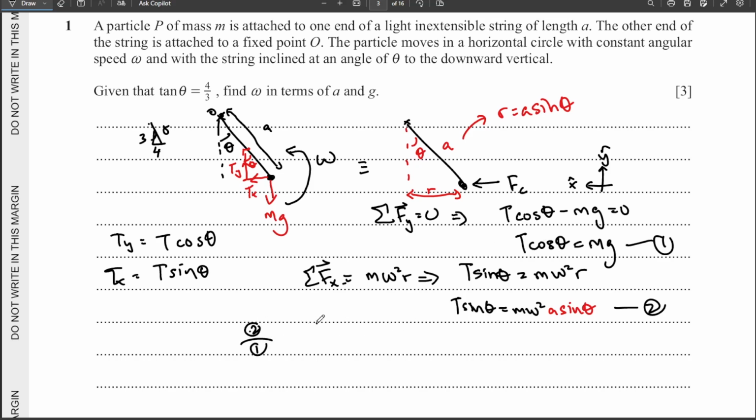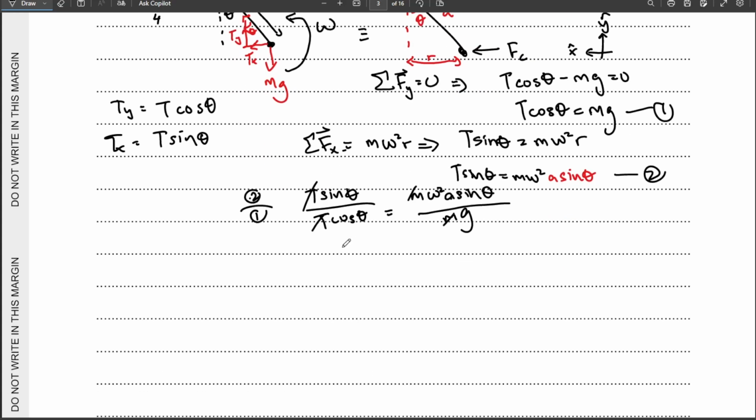On the left hand side we have T sine theta over T cosine theta. On the right hand side, m omega squared A sine theta divided by mg. T and T cancel, m and m cancel, and sine over cosine just gives tangent. On the right hand side, omega squared A sine theta over g.